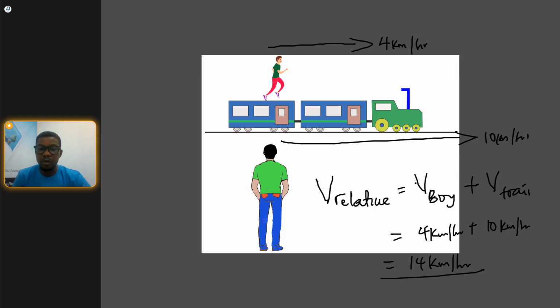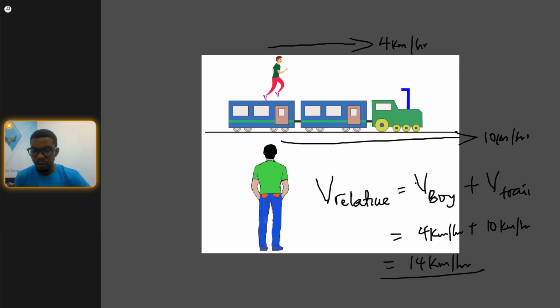So take note that when two bodies are in motion and they move towards the same direction, the relative velocity or the relative speed is the addition of their speed or the addition of their velocity.